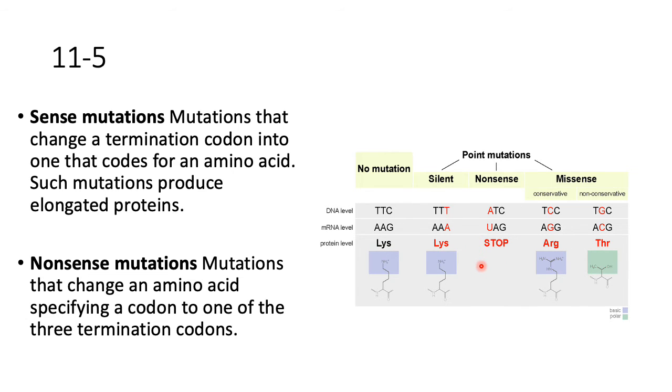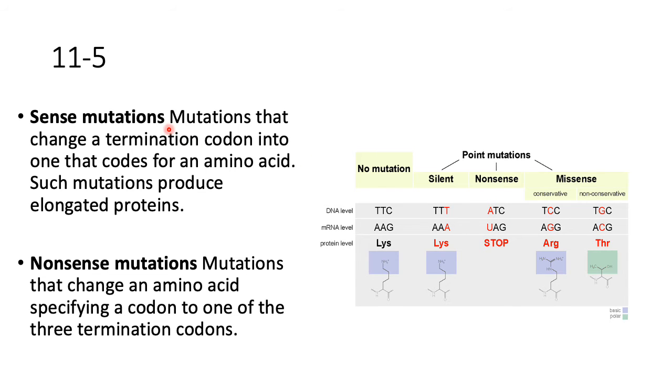Either the full thing isn't translated, or, well, basically the full thing isn't translated in this case. The sense mutation, the one that's above, is basically changing the stop codon to one of an amino acid.